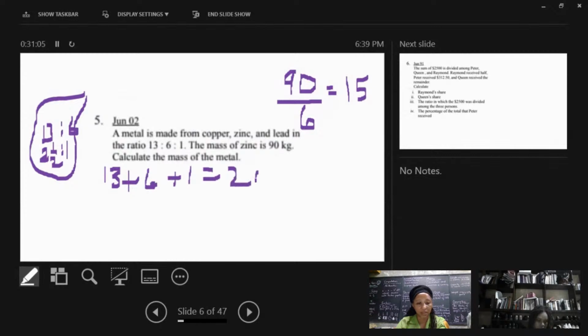Times 15 is what? 15 times 0 is 0, 15 times 2 is 30. So the total mass is 300 kilograms. All right. Okay, thanks, Asar.